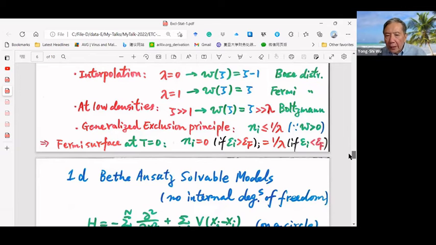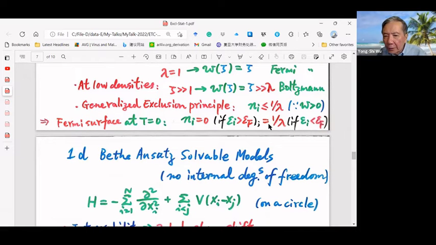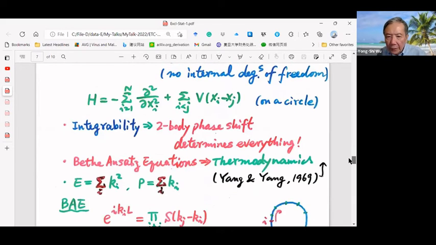And at zero temperature, the system has a Fermi or quasi-Fermi surface, namely n_i is equal to 0 if the single particle energy is bigger than the Fermi energy, and equal to 1 over lambda if the energy is less than the Fermi energy. Okay.